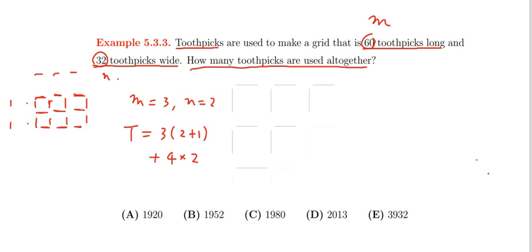So we can write this in terms of M and N. This is equal to M times (N plus 1), where M is the number of rows. We have 3 rows.